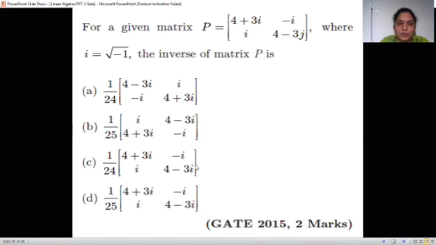For a given matrix P, which is 4 plus 3i, minus i, i, and 4 minus 3i. There was a printing mistake, this is i only, where i is equal to root minus 1. These are complex numbers. The inverse of the matrix P is asked.